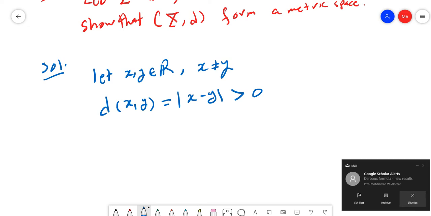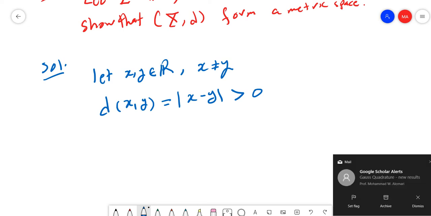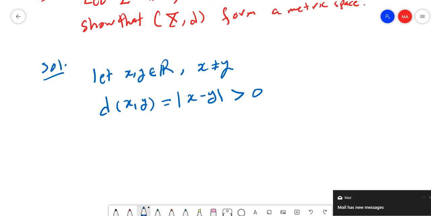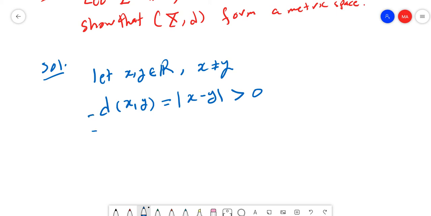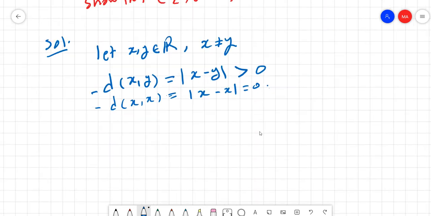The next is to check the distance between the point and itself, which is 0, clear. So the first condition is satisfied.